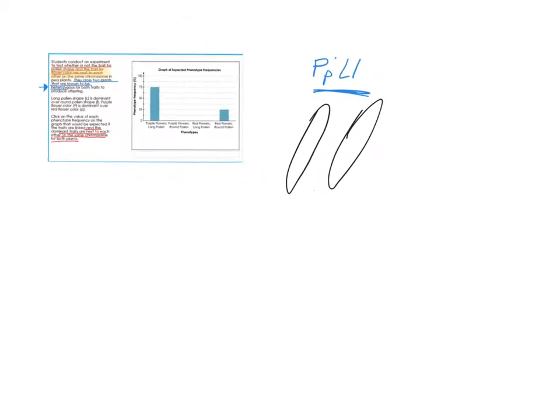It says it would be expected that traits are linked, and the dominant traits, here's another key phrase, are next to each other on the same chromosome for both plants. How many people in here drew this out? Okay, no one.